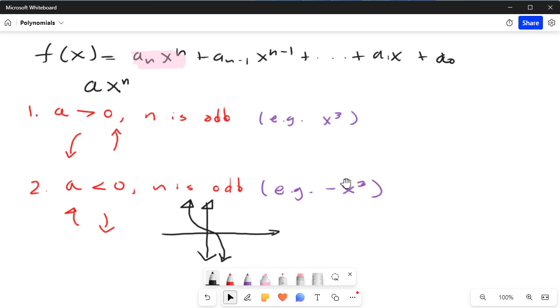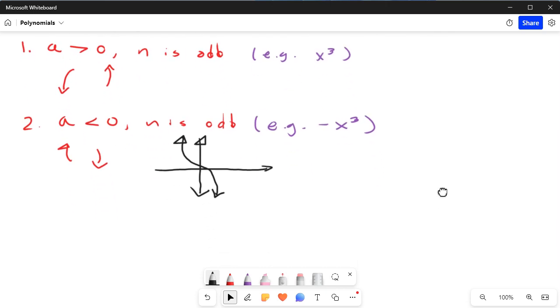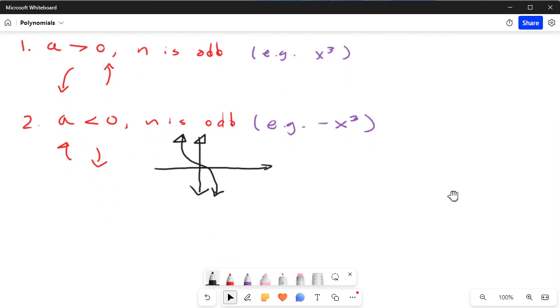Now, the other cases that you may have for describing behaviors of polynomials is, what if, for example, the constant was positive and the n is even? In this case, think of, for example, x squared.